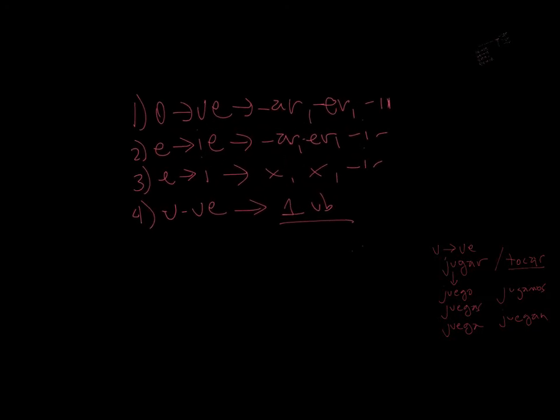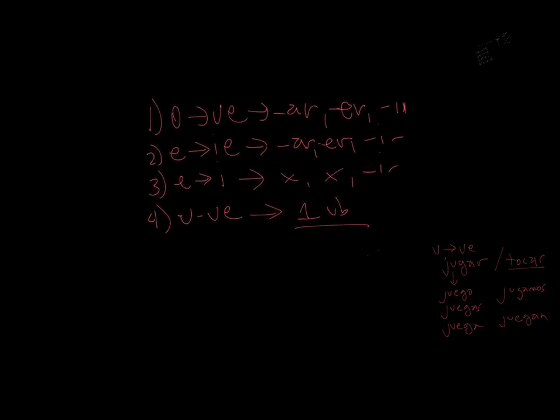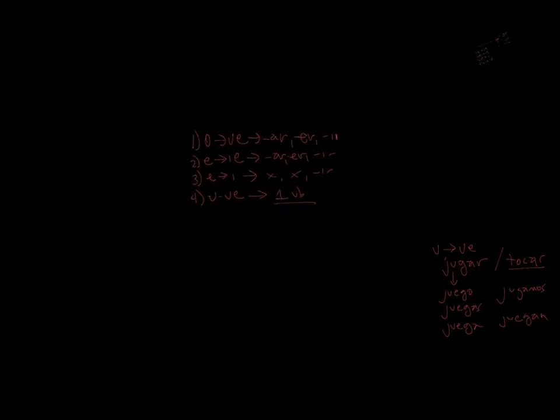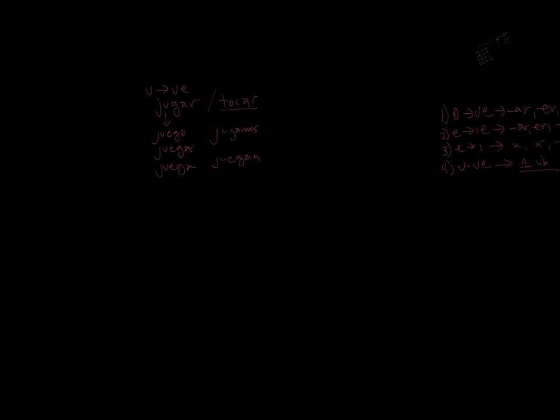This stem change happens on the second to last syllable for everybody, meaning yo, tú, usted, él, ella, ustedes, ellos, and ellas, but never for nosotros.